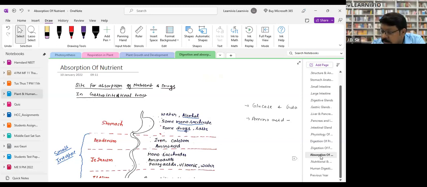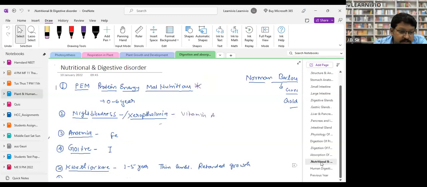Now there are some disorders of the digestive system. The first disorder is jaundice. Jaundice is a liver infection, right?